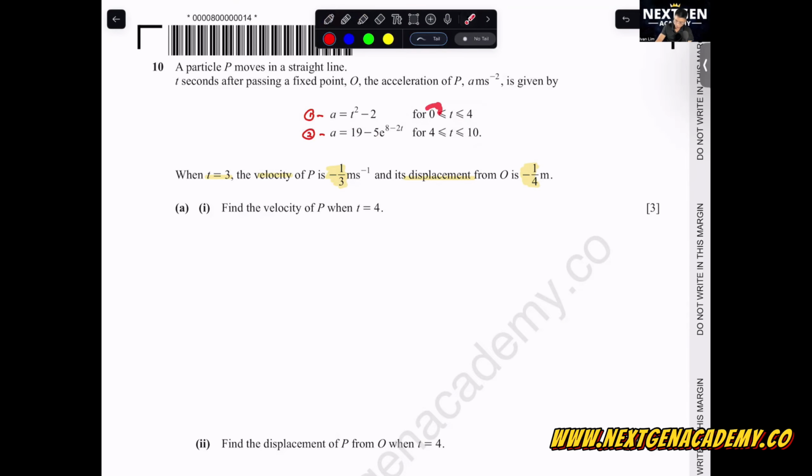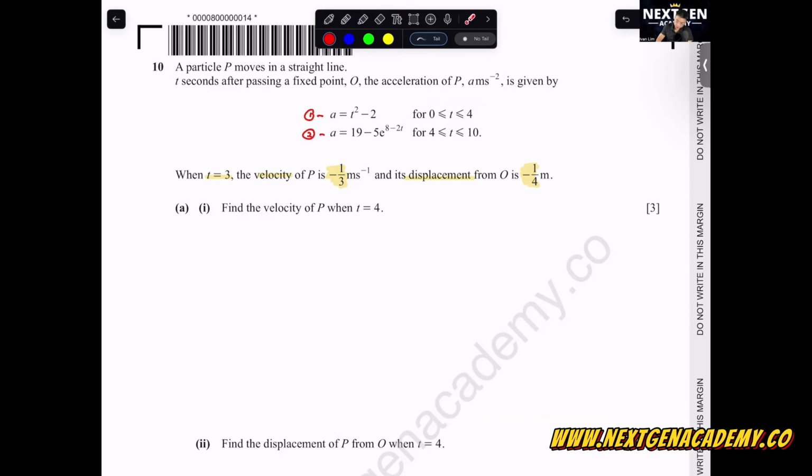If it's from 0 to 4, you use the first one. If it's from 4 to 10, you use the second. If they're asking for t equals 4, technically you can use either of these, both are the same. You should get the same value when you substitute.